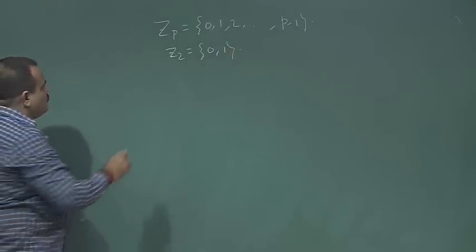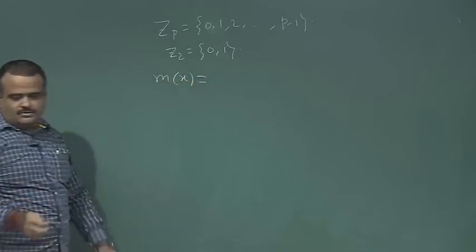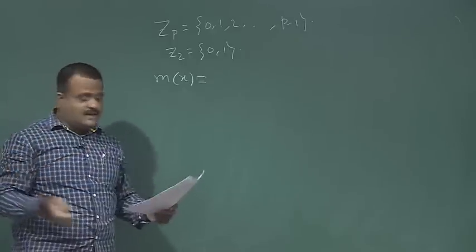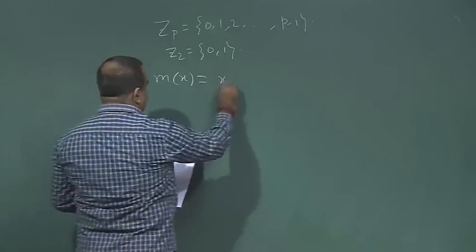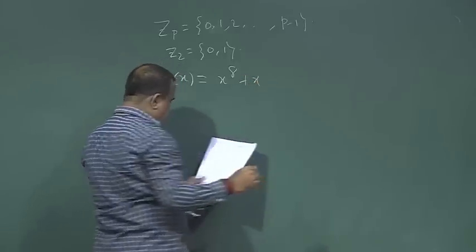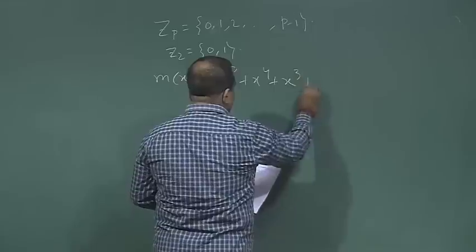Now, take an irreducible polynomial over Z_2. We have just seen an example of an irreducible polynomial, the one used for AES. There are many irreducible polynomials, but let us take that same one.